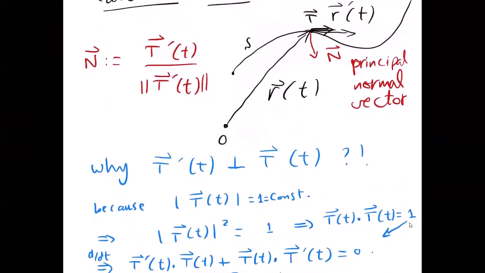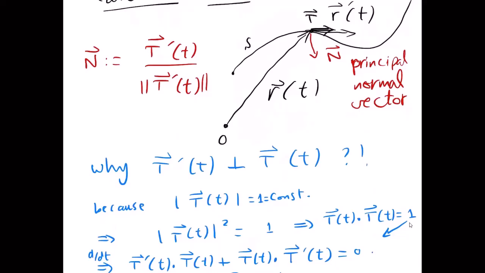So the vector N is perpendicular to T and of magnitude 1. So it's a principal normal vector. T is the unit tangent vector, N is the principal normal vector, which is of magnitude 1, because we divided it by its magnitude.